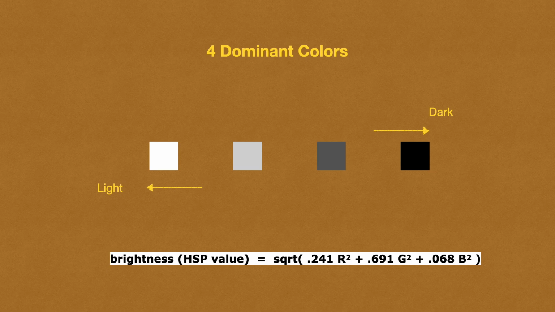Now we know how to get the dominant colors from an image, but how can we apply those colors to a design theme? I've studied the principles of material design a bit, and I decided to use 4 colors in my product. Before I apply those colors, I have to sort the colors by their brightness. The brightness, which is also called the HSP value, can be calculated by the formula below.